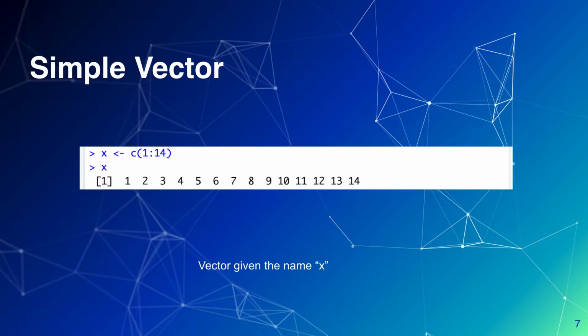I created a vector that I gave the name x. Then there's a little operator which looks like the less than symbol with a dash. That's always what you use to assign a value to something. And I then enter x, and I get the exact vector between 1 and 14. That's one way to do it.